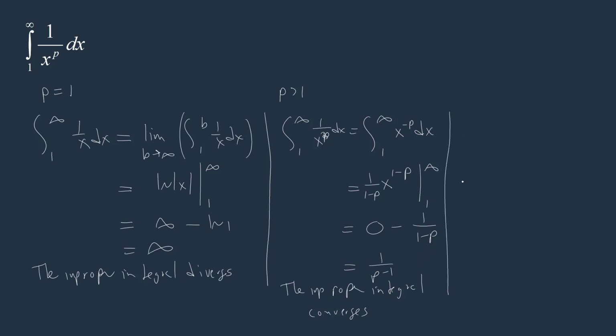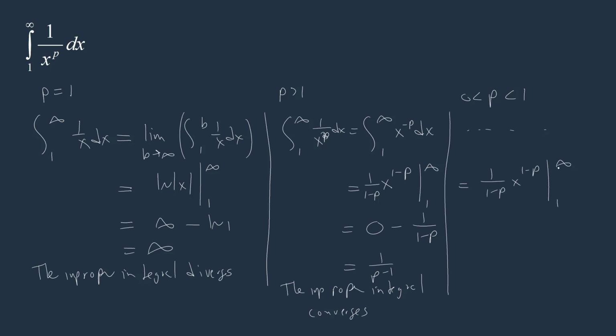If you want to trace through it all over again, what if p is between 0 and 1? Well, then all the steps I just did are still true, except for right here. All of this would be exactly the same. I would eventually get to 1 over 1 minus p times x to the 1 minus p, where the bounds are going from 1 to infinity.